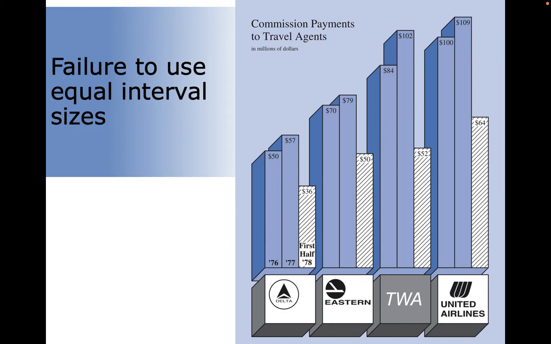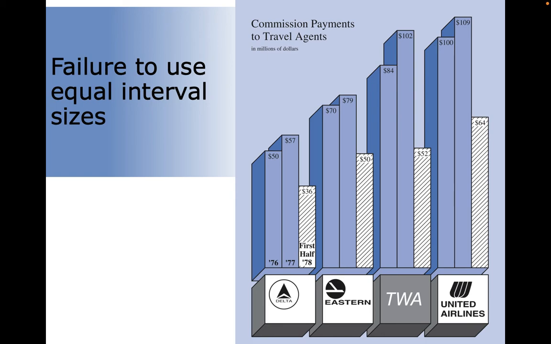The chart gives the impression, if we look at those white bars, that commissions paid to travel agents dropped dramatically in 1978. However, a close reading of the graph shows that the third white bar for each airline is only the first half of 1978. Thus, only half of a year is being compared to each of the two preceding years, which were full years.